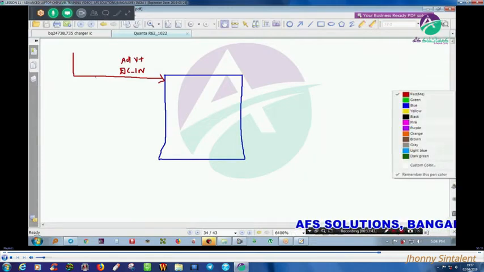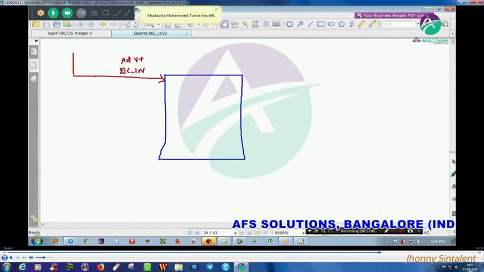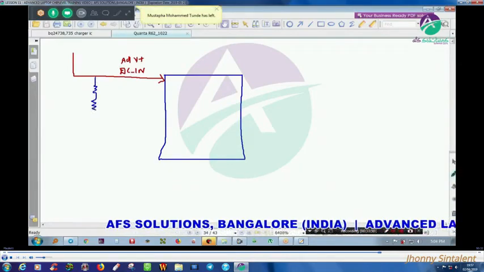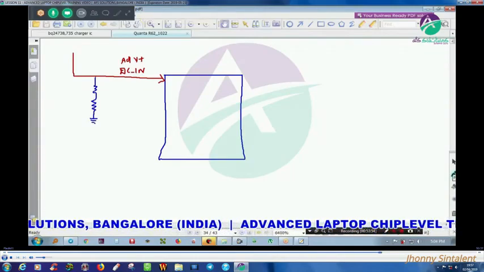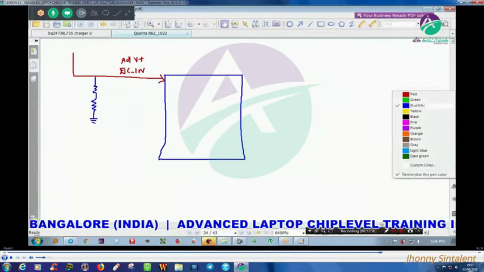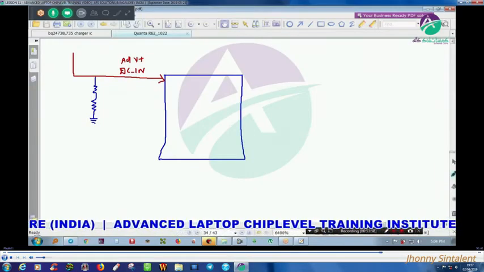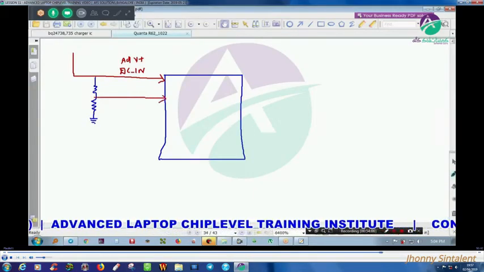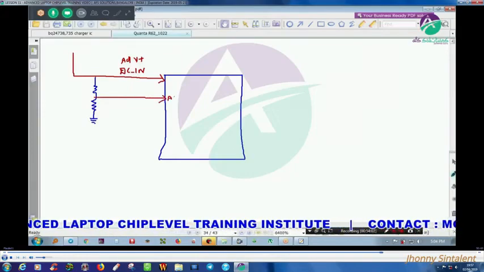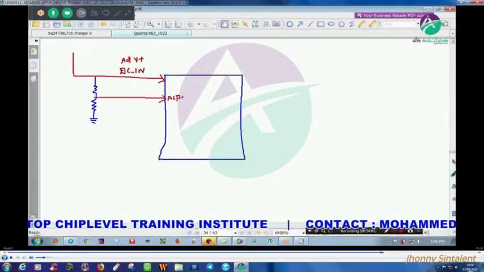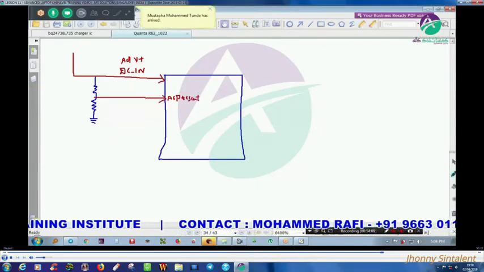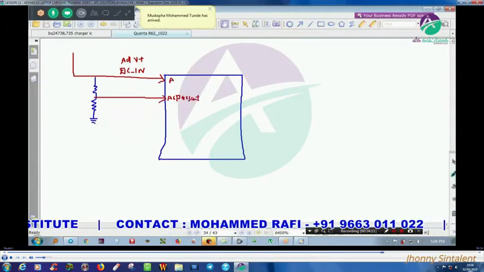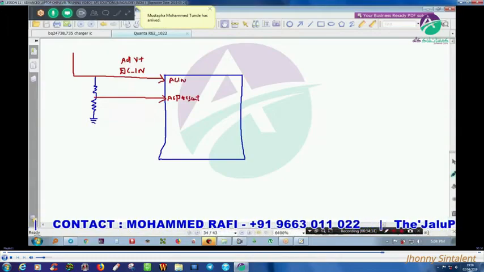Now there will be a voltage divider resistor connected here, and this will tell the charger IC that AC okay, that means adapter present. Here AC in is present.